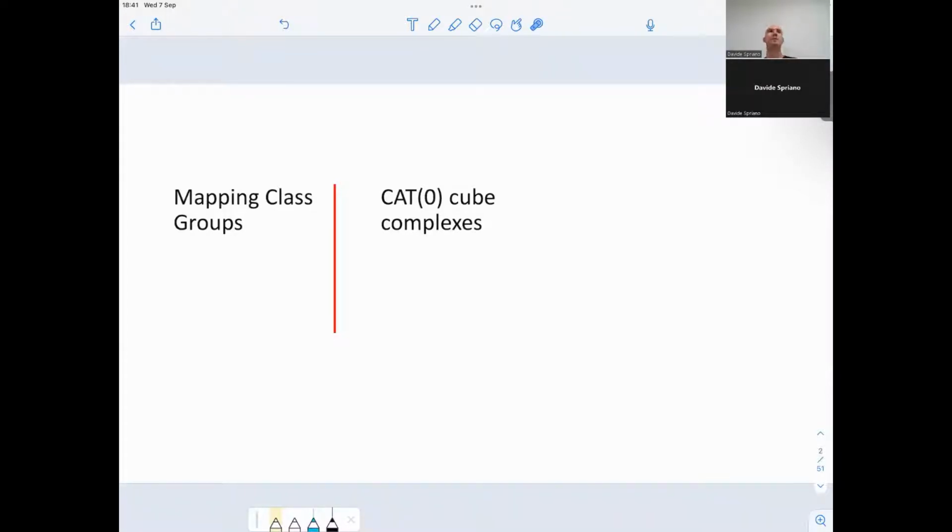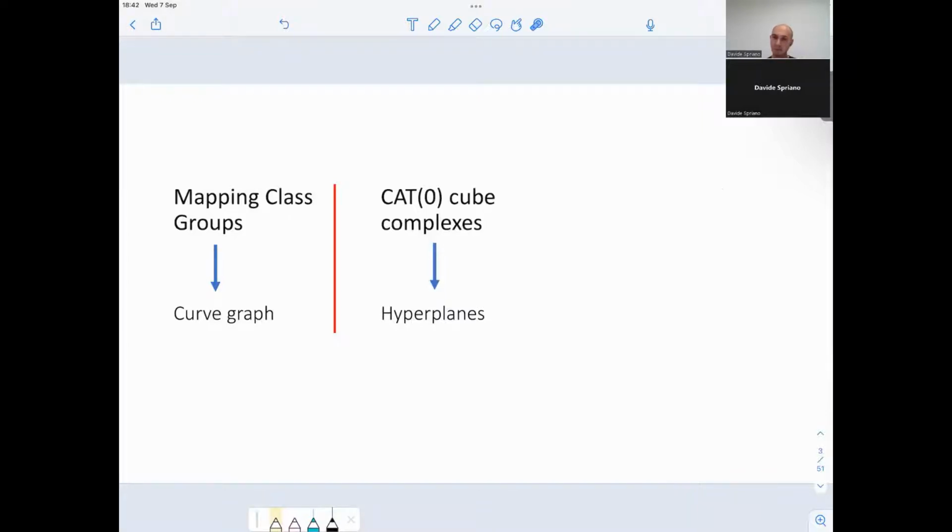One of the reasons why those classes are so well understood is that they both have some very good gadget you can attach to them, which allows you to understand the geometry. For the mapping class group, that is the curve graph. And for CAT(0) cube complexes, those are hyperplanes. Those are both some sort of simpler object you can attach to understand the geometry of the space.